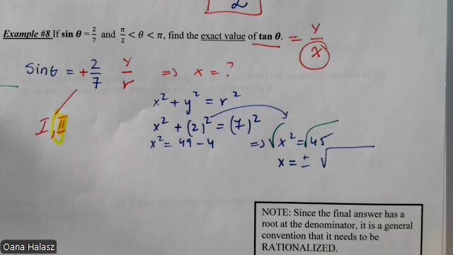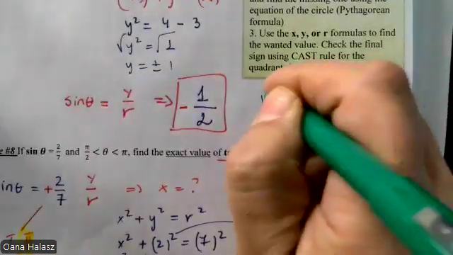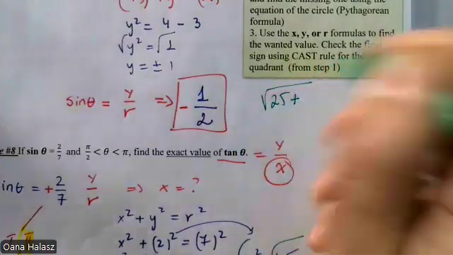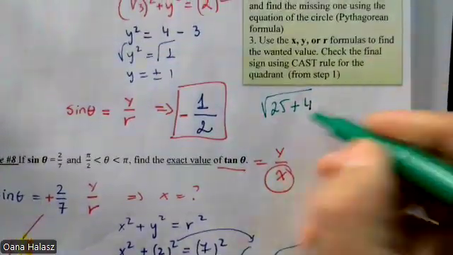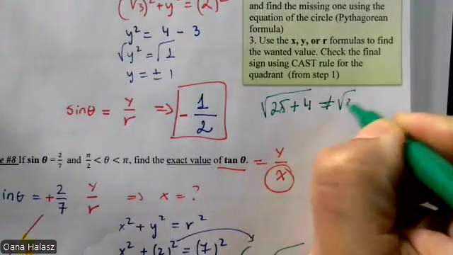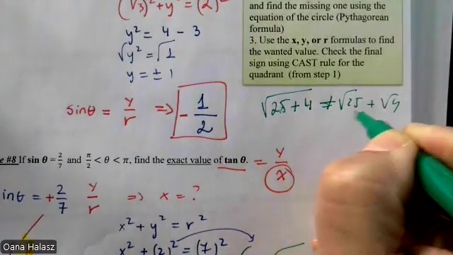You split 45 into two factors, one of which is a perfect square. Yeah, that's a great question. We can't do plus, because if we do plus, we cannot split up the root anymore. So if you do square root of 25 plus 4, it is not equal to square root of 25 plus square root of 4.